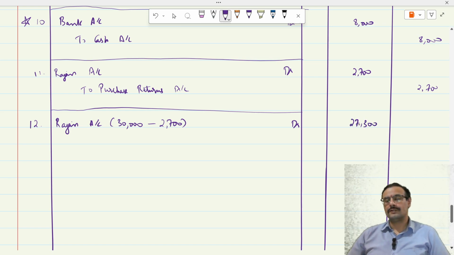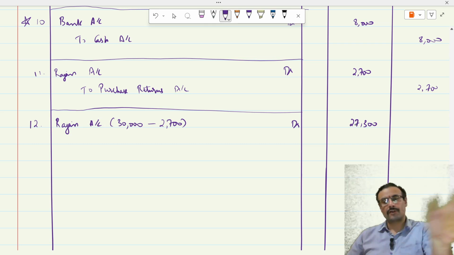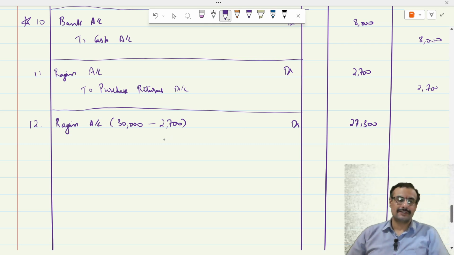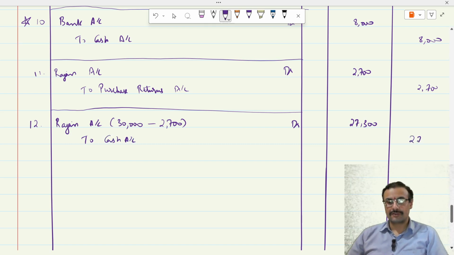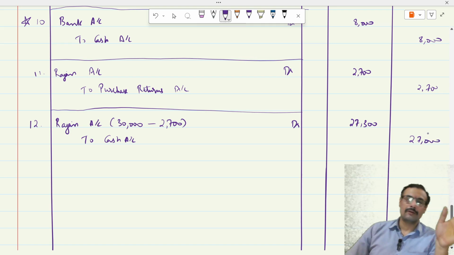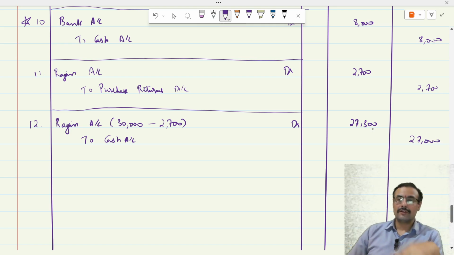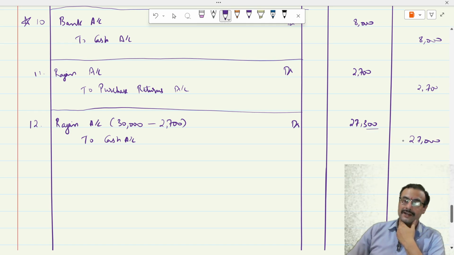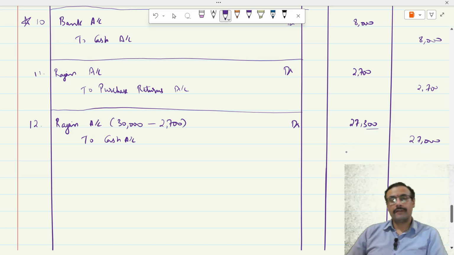And since I have told full settlement, we will not be paying any other thing. We are going to make it 0. 27,300. To cash, how much did we pay? We actually paid only 27,000, no? It is told in the problem, 27,000 in full settlement. Now, if you observe, there is a difference of 300 in the debit and credit columns. Where did that go? This is due to discount received, and discount received is an income.